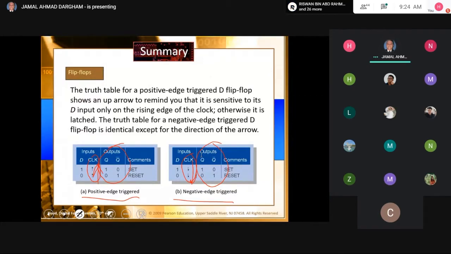Okay? If it's positive edge trigger, it changes when the clock changes from low to high. Like this one, it changes when the clock goes like this. This one changes when the clock goes like this. So only change occurs here at the edge of the clock.